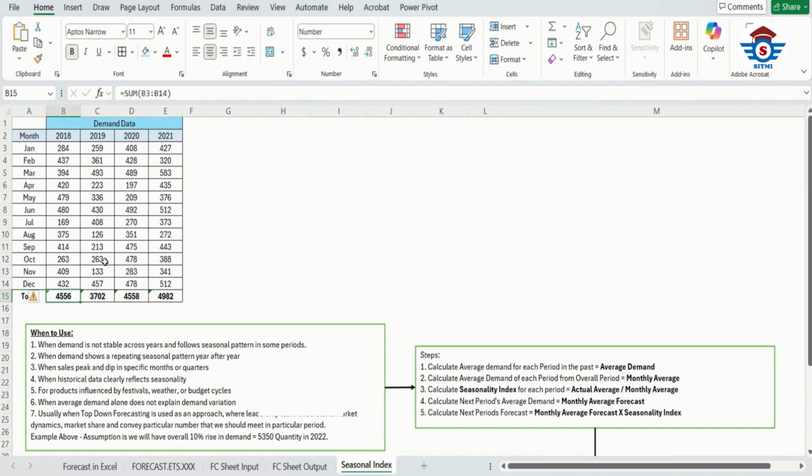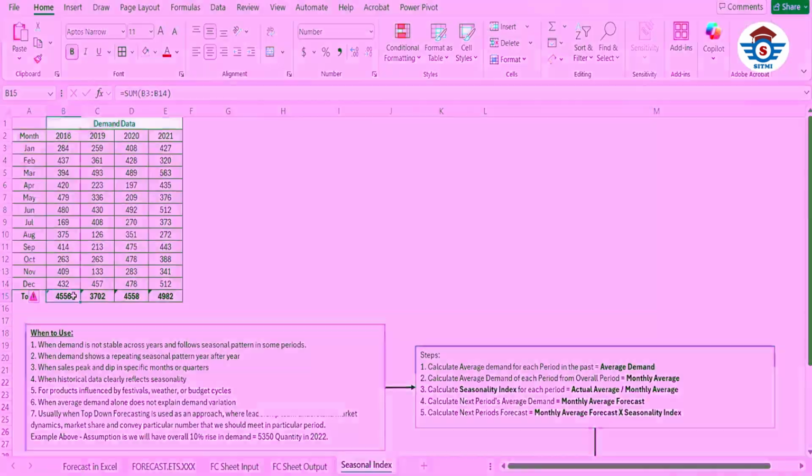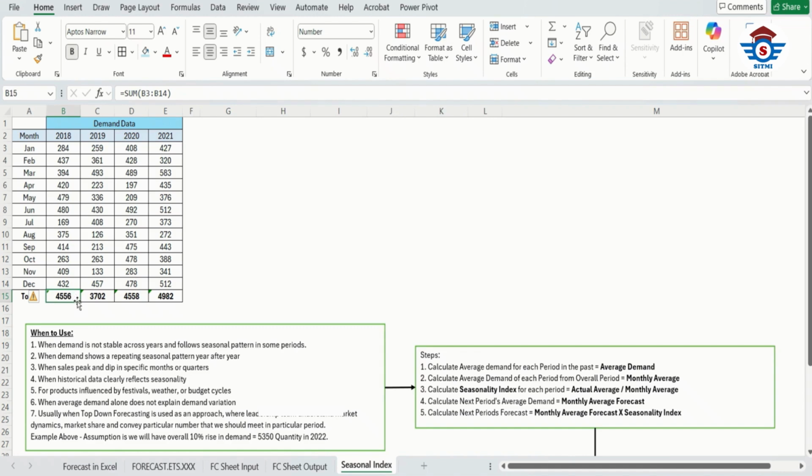You can see that in the year 2018, the total demand for the product was around 4,556 units. In 2019, it was around 3,702. In 2020, again 4,558 units. And in 2021, it was around 4,982 quantity. Now we are told that this demand is going to increase by 10% in 2022.